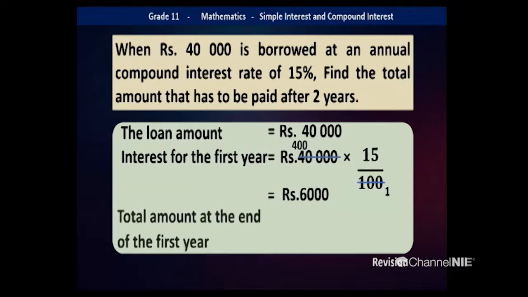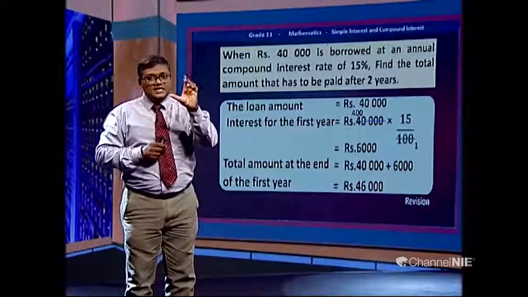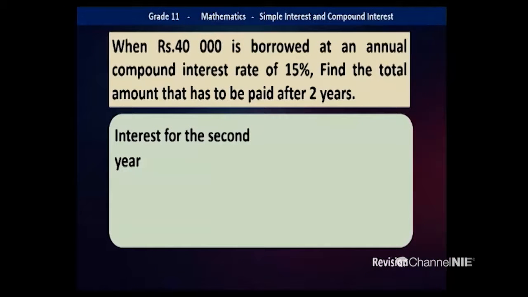Then you can go for the amount at the beginning of the second year. 40,000 plus 6,000, the total amount at the end of the first year is 46,000. This becomes the opening amount at the beginning of the second year. Then the second year interest is calculated based on 46,000. Now let us see how to calculate the interest for the second year.